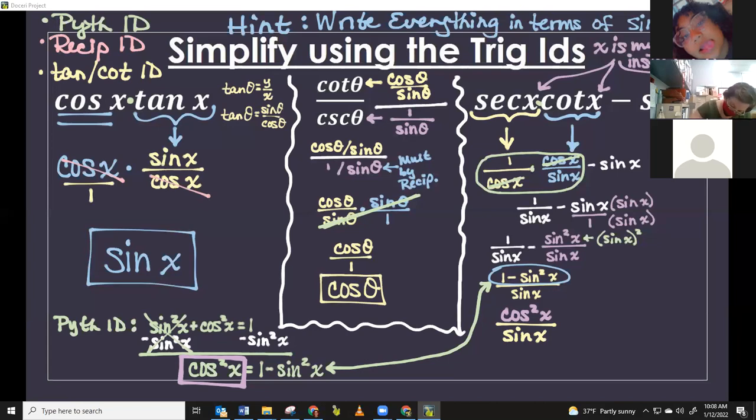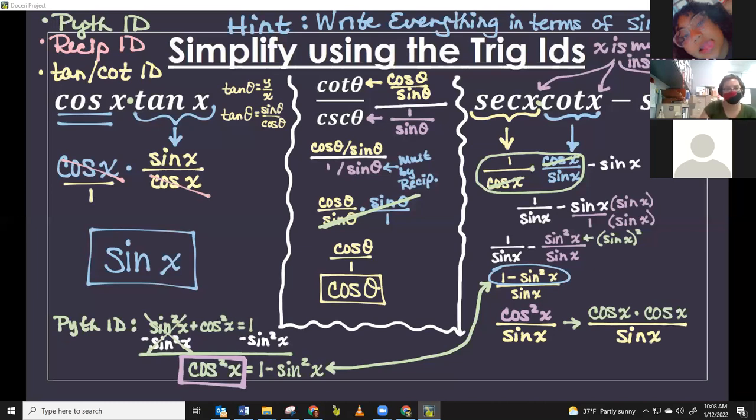Cosine squared x, this right here, that's the same as cosine x times cosine x. So I'm actually going to write it down like that. This is cosine x times cosine x over sine x.